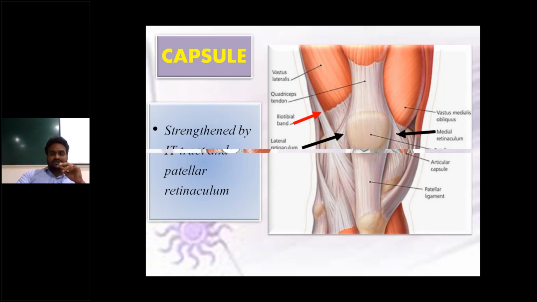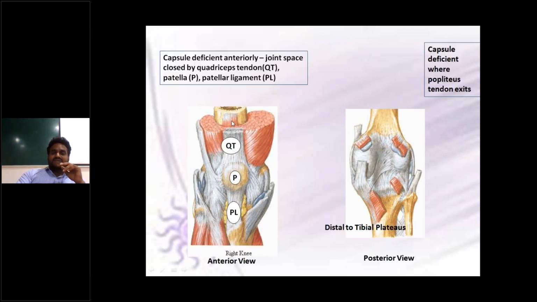It has deficiencies anteriorly, along the quadriceps femoris muscle tendon, patella and patellar ligament. Posteriorly, where the popliteus muscle pierces the capsule, is another deficiency.